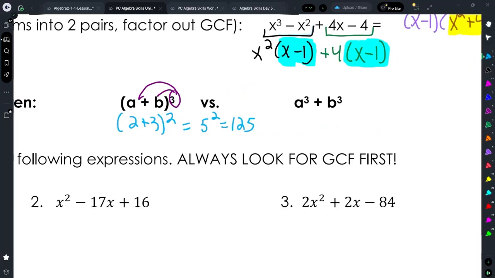But if we had a cubed plus b cubed, that would be 2 cubed plus 3 cubed, which is 8 plus 27, which is 35. So those are not the same. This is why you can't distribute a third power like that, or any exponent like that when you have this plus sign there, because you're going to get a completely different answer.